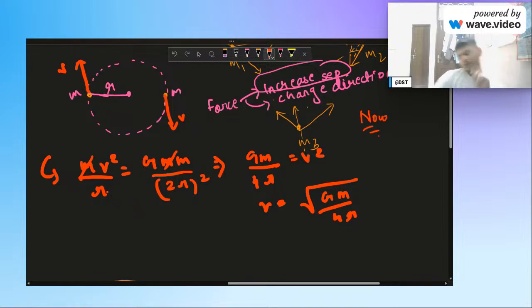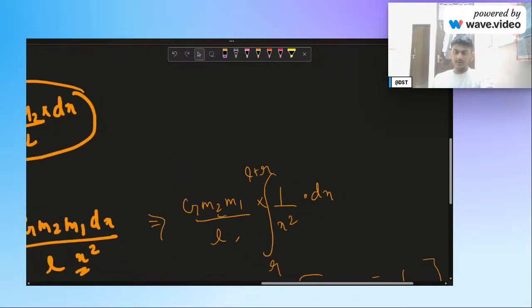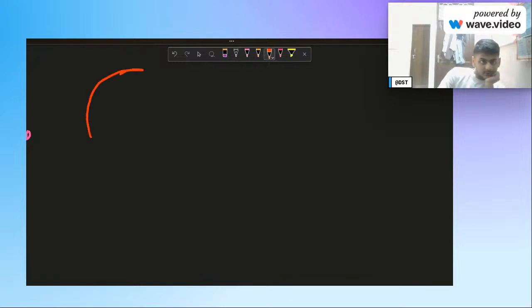Now let us just jump on some other derivations also. Derivation is not important, still I will derive. The gravitational attraction of mass m due to the quarter ring of same mass m and radius r as shown in the given figure. So they have asked us the gravitational field due to the quarter ring.